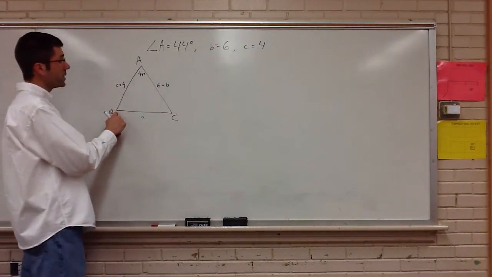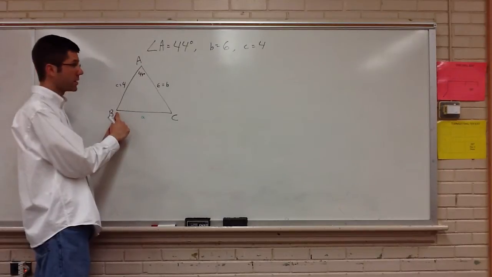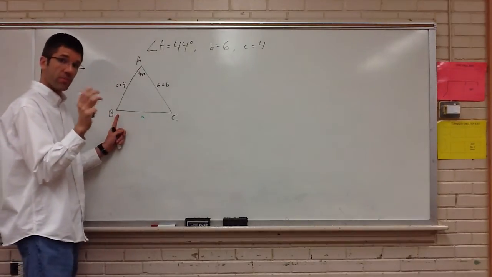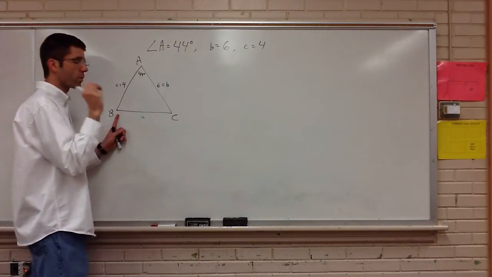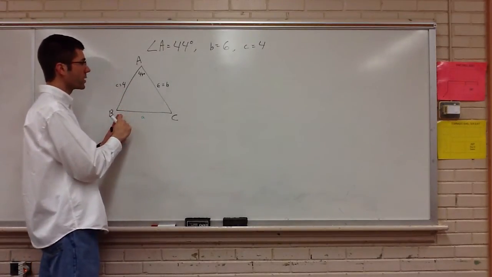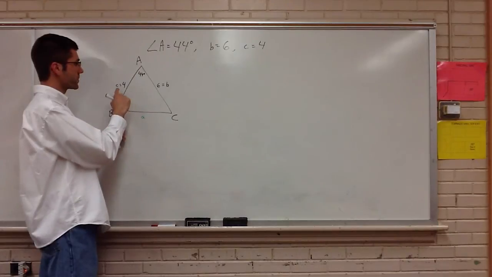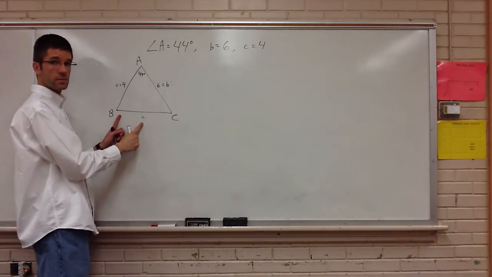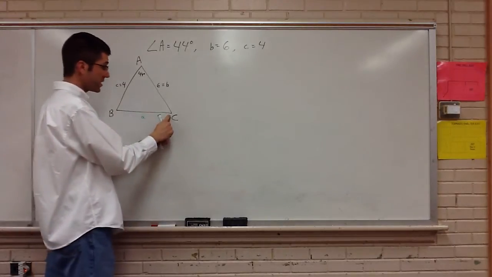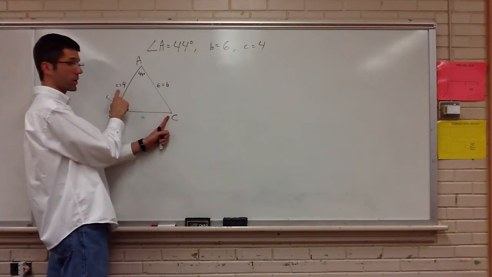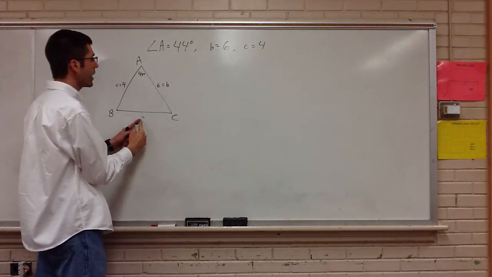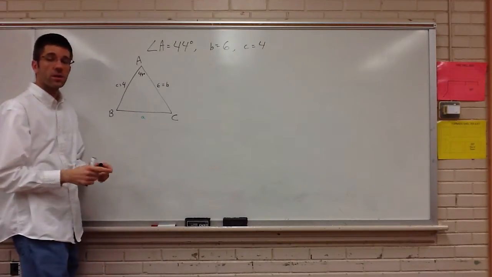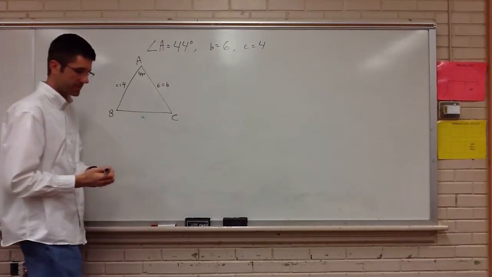If we were to find B first, then we would need to know, looking at the formulas at the top of the notes on this section, little c, little b, and little a. If we're going to find C, we need all three of these as well. But if we find this, we have enough information. In other words, start by finding a side.